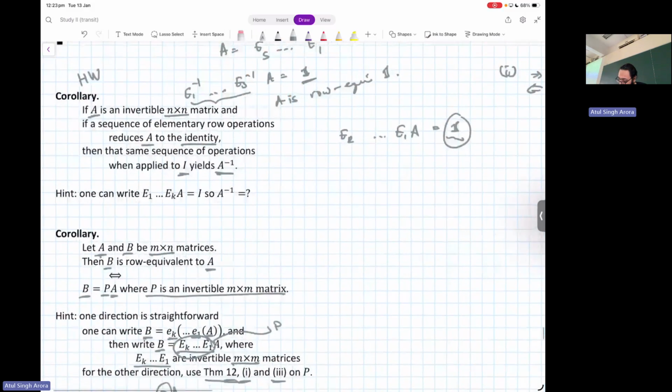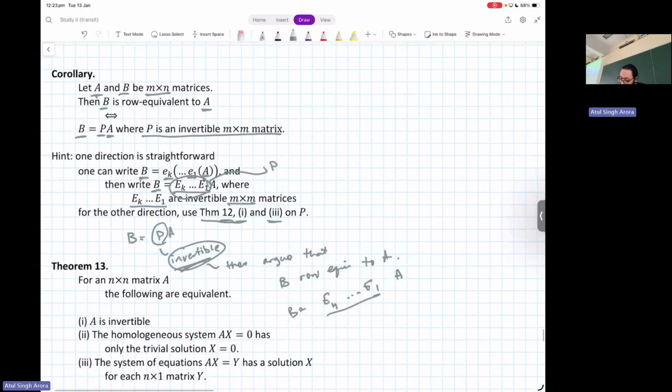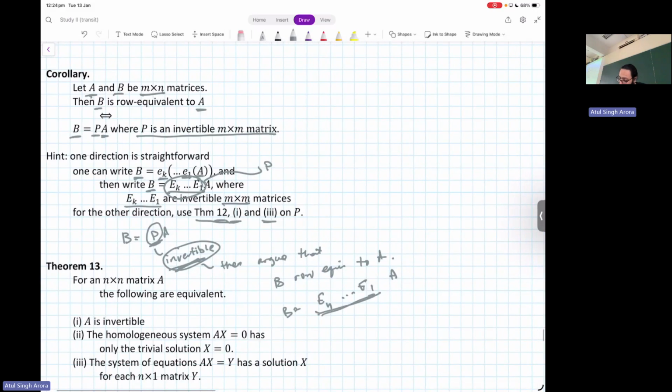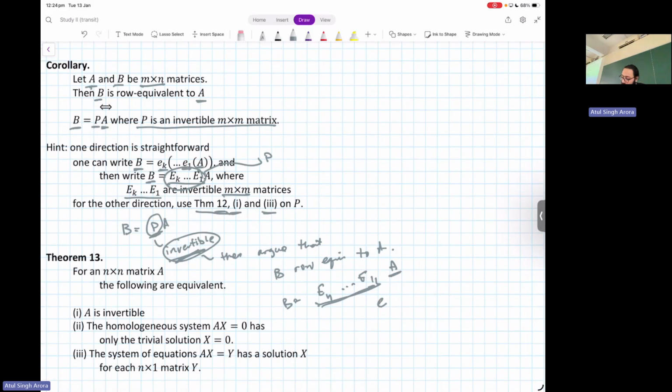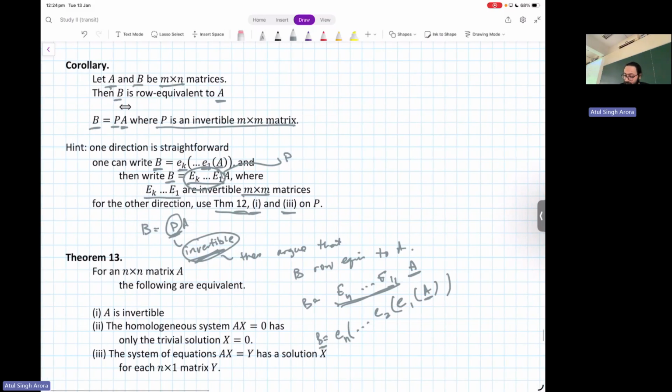So this P, because it is invertible, has to be a product of elementary matrices, and therefore we can write B equals a sequence of elementary matrices multiplied with A. And this in turn just means that there exist elementary operations that would carry A to B, which is what we wanted to prove, that B is row equivalent to A. Is that right?